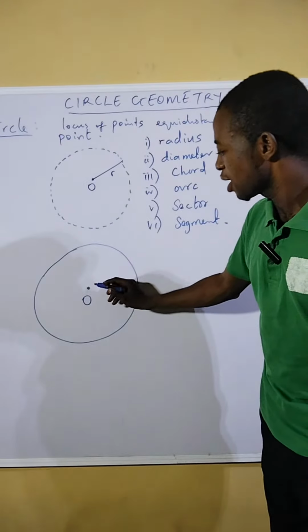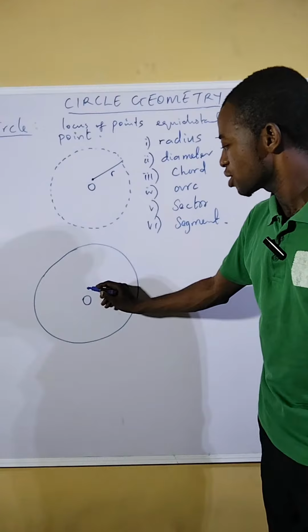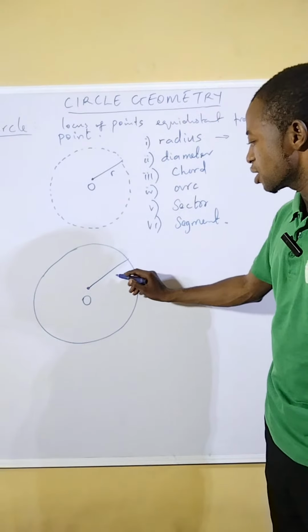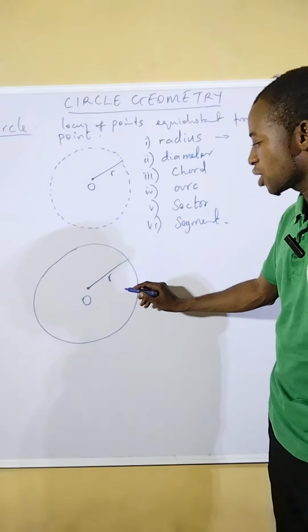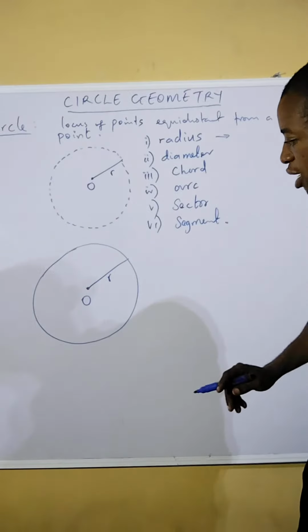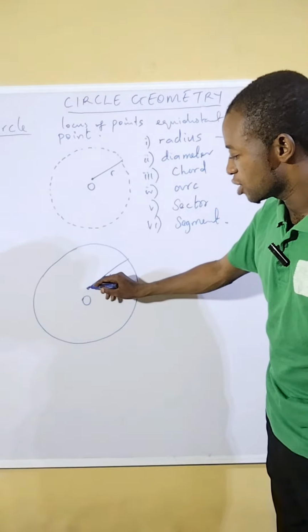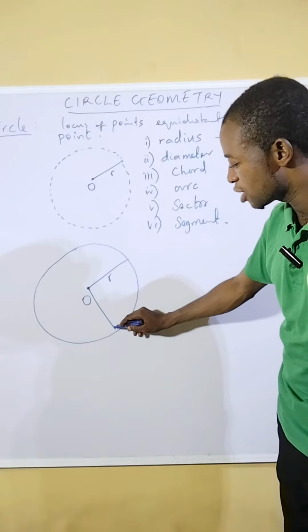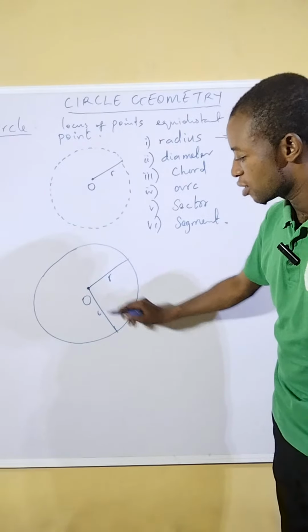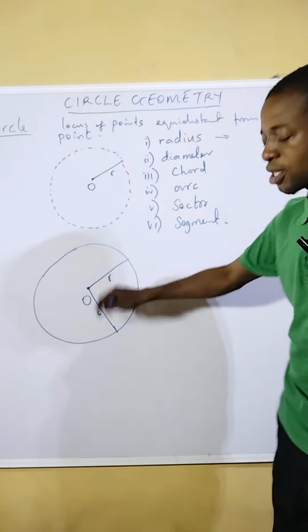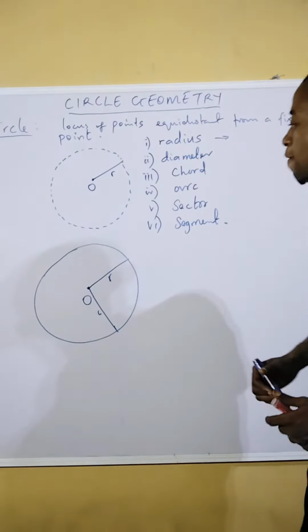So the line drawn from this center to any part of the circumference, this line is called a radius. We can draw it to any part. Might be towards this side, it's still a radius. Once it is drawn from the center to the circumference, that's a radius.